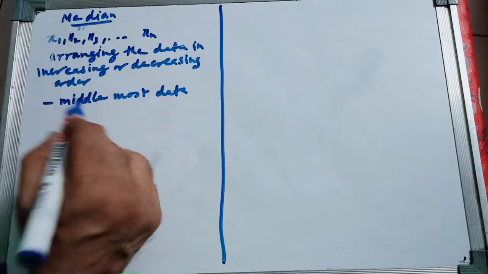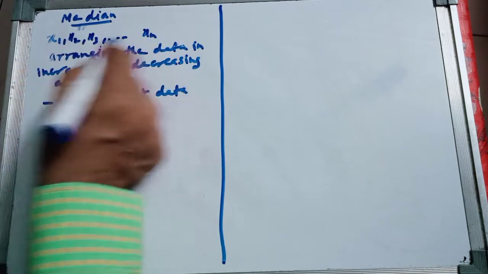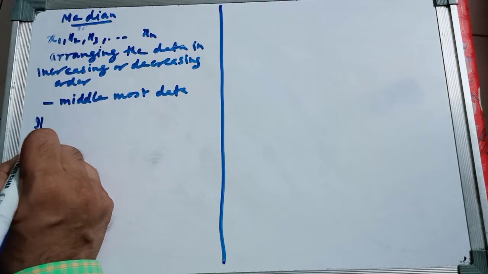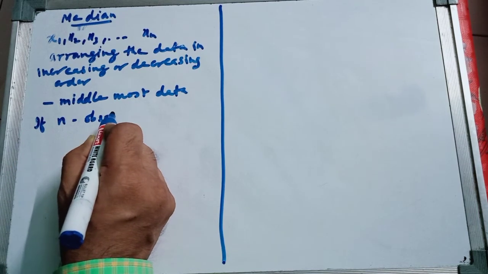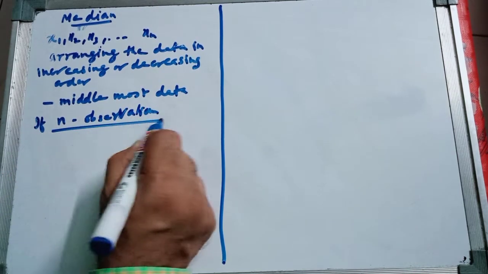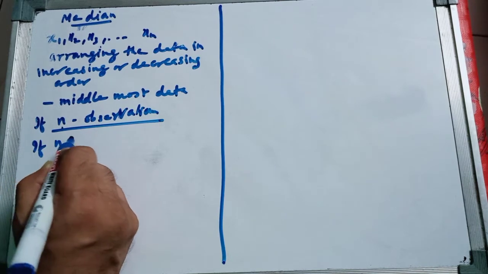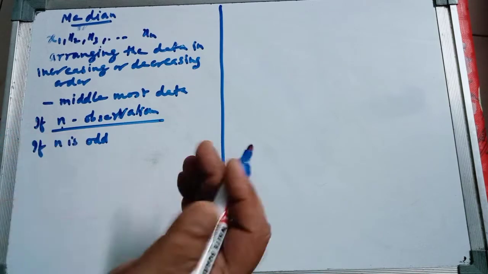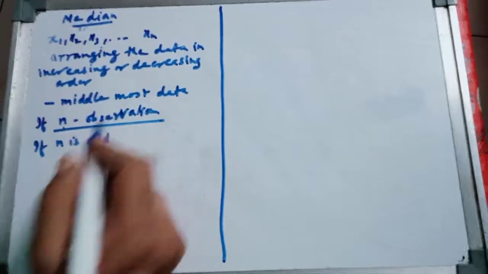Okay. Now, which data will be the middle data? That depends upon the total number of the data. Okay. If we have n observations, n data given to us, so middlemost data depends upon this n. If n is odd, then we have odd numbers, so we can leave equal number of data on both the sides, and the middlemost data we can find.